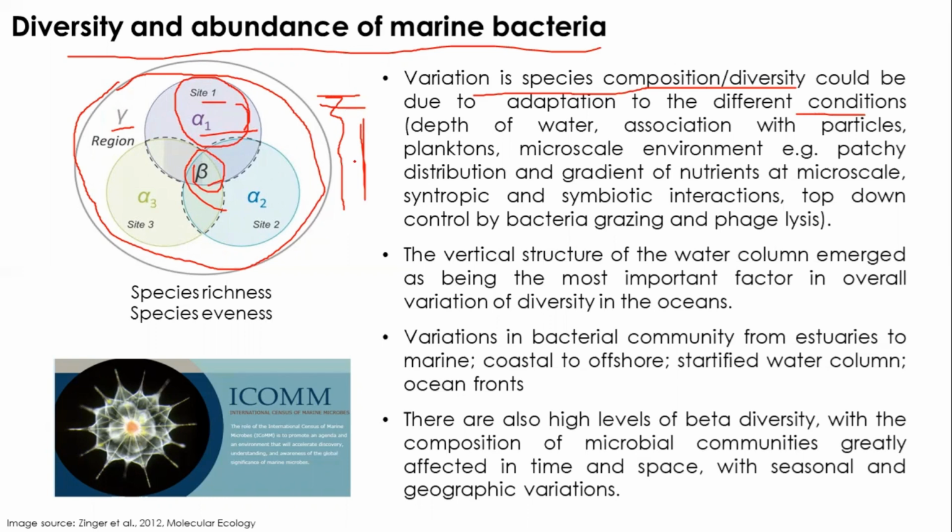And because of the depth variability, you can have the species composition different. Some will be adapted to the light, some will be adapted to the dark, right? Some of them could be phototrophs, some of them could be heterotrophs, some of them could be chemolithotrophs or chemoautotrophs, or various different metabolic diversity will be there, right?